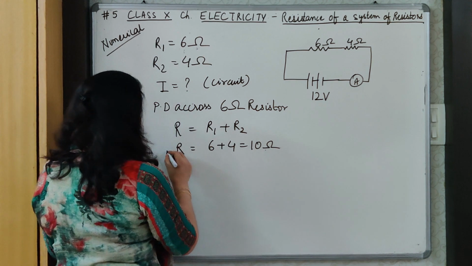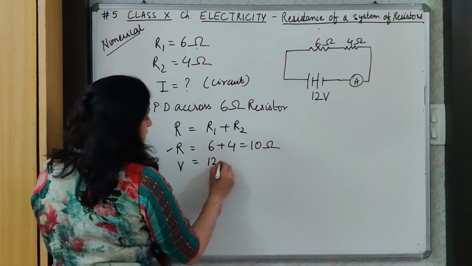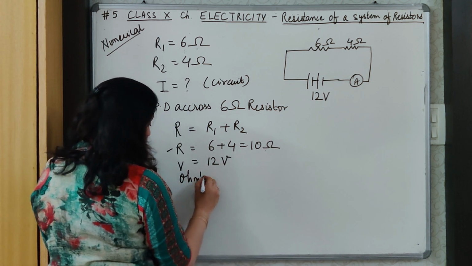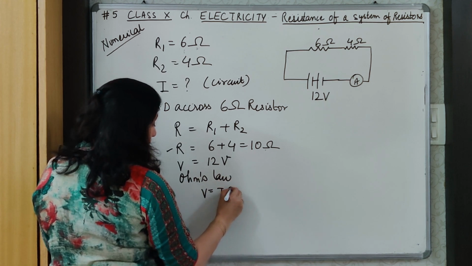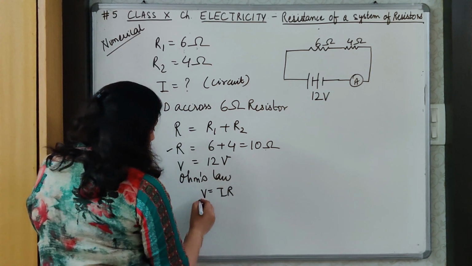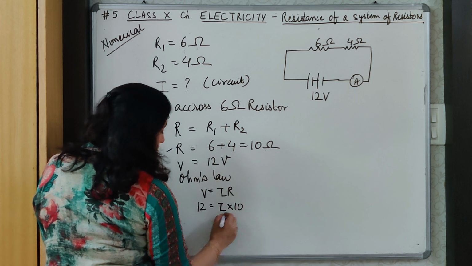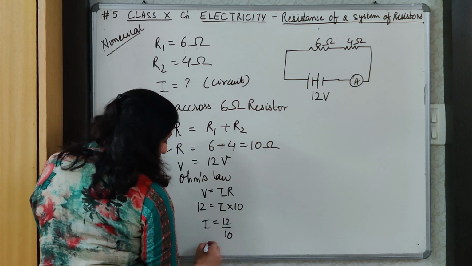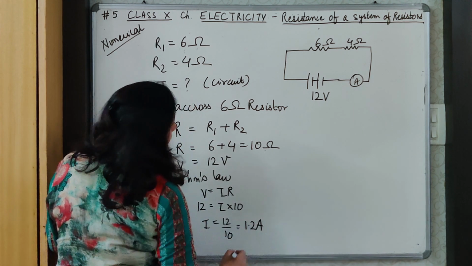Now I have the value of R. V is already given to me, 12 volt. Using Ohm's law, V is equal to IR, I can easily find I of the circuit. V is 12, which is equal to I into 10. I is equal to 12 upon 10, which is equal to 1.2. It is current, so ampere.